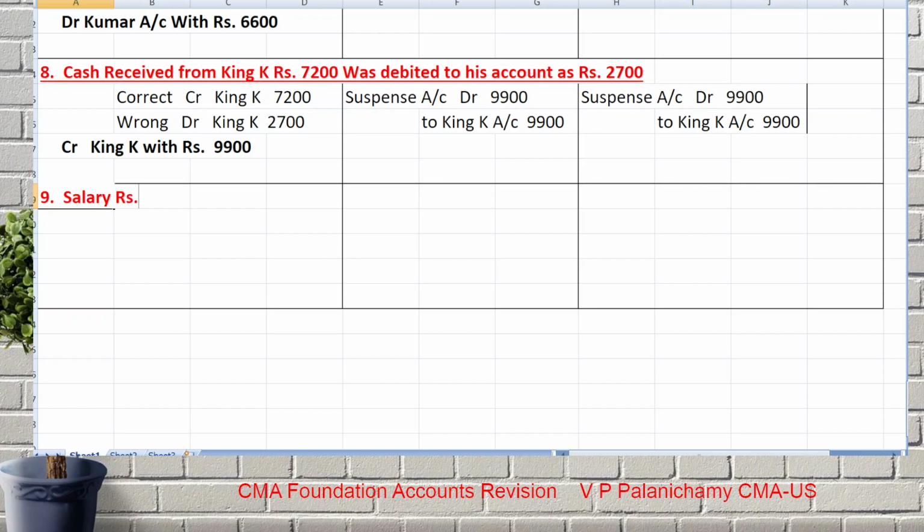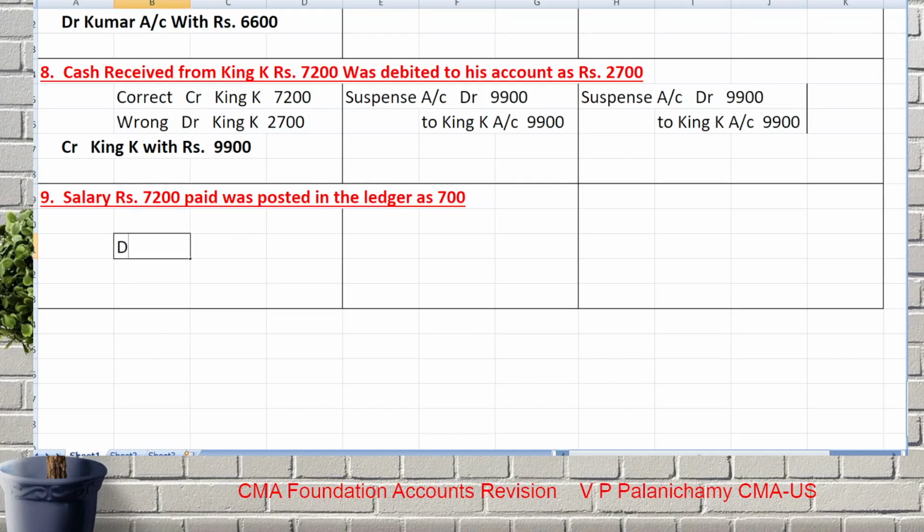Salary rupees 7200 paid was posted in the ledger as 700. How much should salary have been debited? 7200, but we debited only 700.